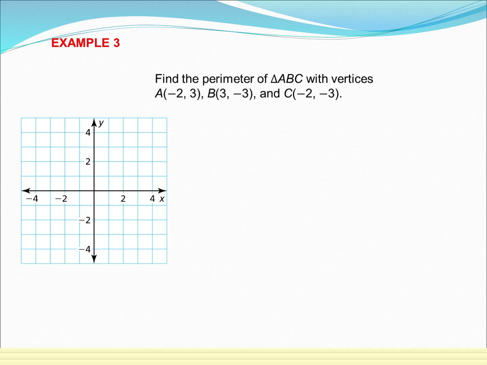So example 3 wants us to find the perimeter of triangle ABC with vertices A, which is (-2, 3), B, which is the coordinate (3, -3), and then C, (-2, -3). Notice the little picture here in front of the letters ABC. In geometry, it's always very important to label what you're talking about.